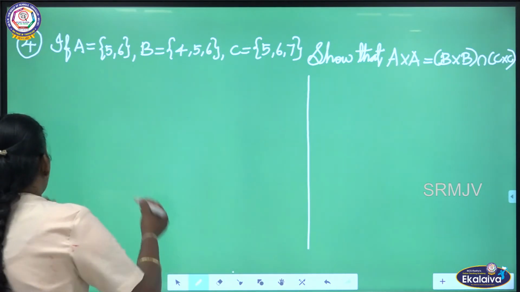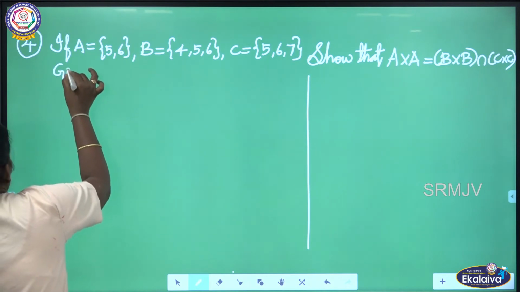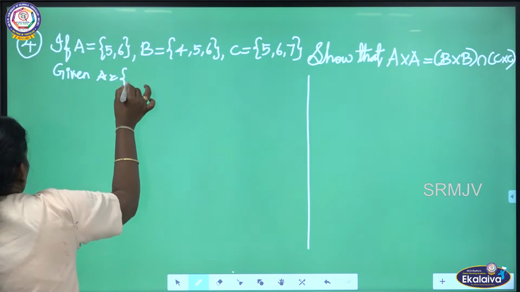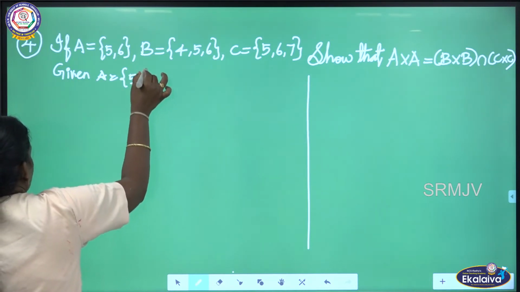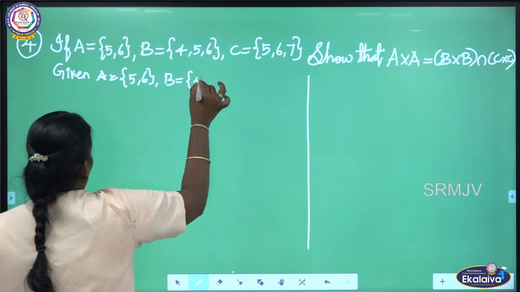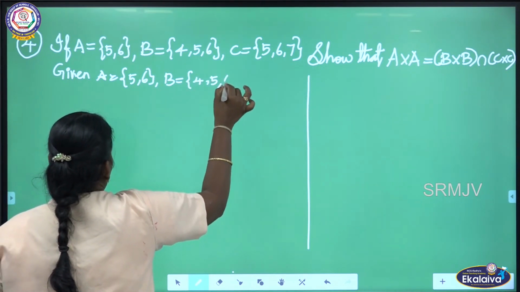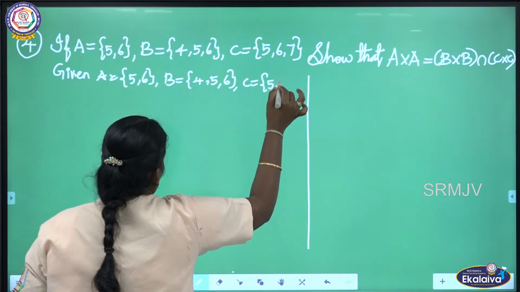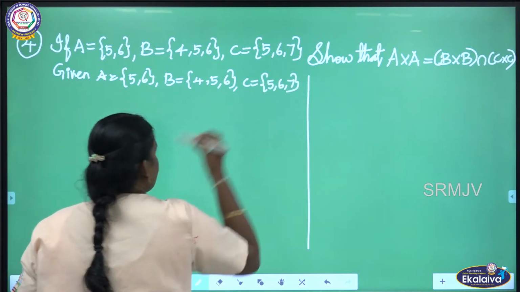Here first I will write the given thing. A set 5, 6, B set 4, 5, 6, and C set 5, 6, 7.